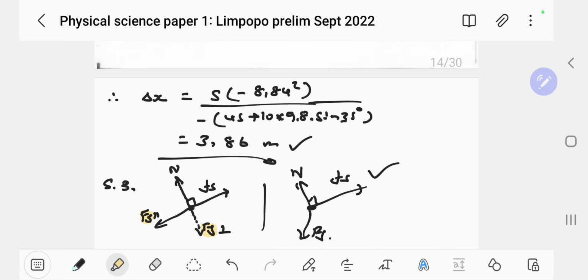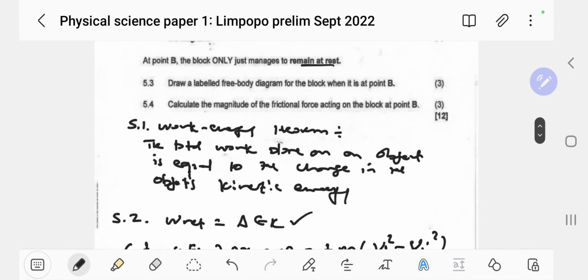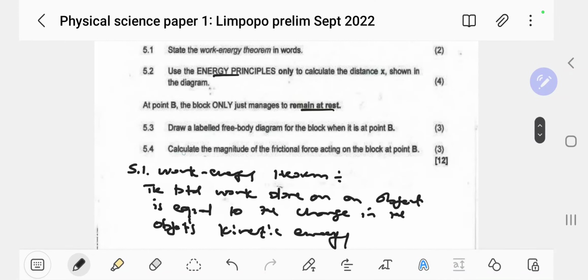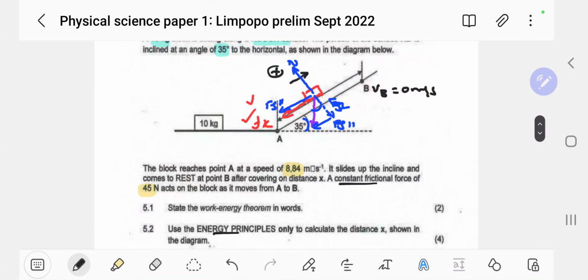Easy stuff. Next, we are told calculate the magnitude of the frictional force acting on the block at point B. All right. So we want the magnitude now of the frictional force. Well, I kind of lied. Remember, that was Fk. So this is not exactly equal, but it's the same idea.